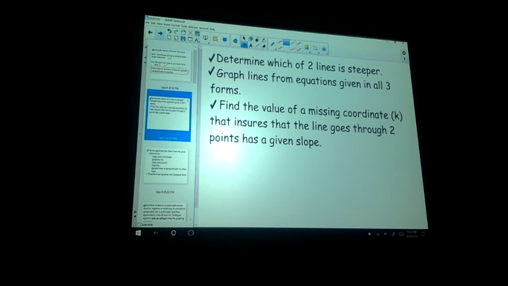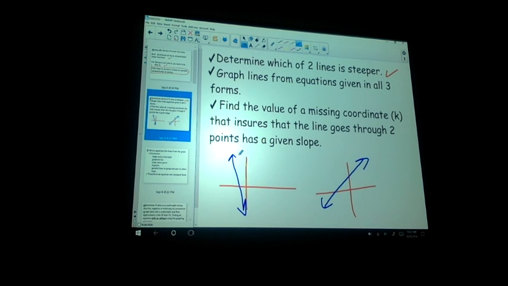All right, determine if a line is steeper than another. If I have these two equations, let's say I have one line like this, but then I have a line like this. Which one's steeper? The one on the left. Even though it's negative, that doesn't matter. It's still more steep. So what determines if it's steeper than something else?